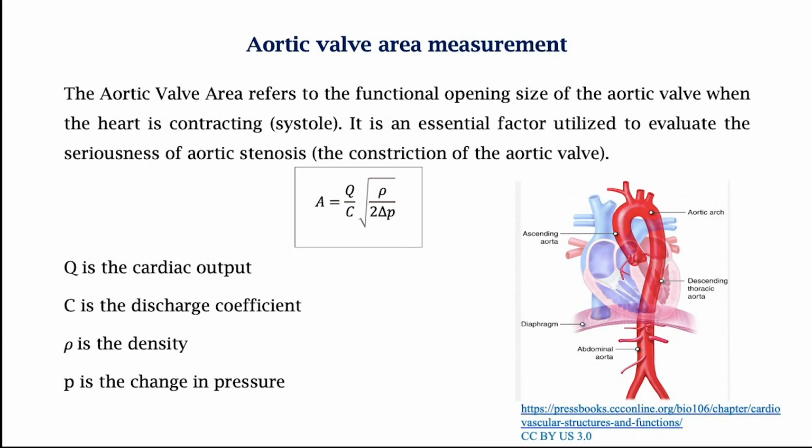This equation is called, what is the name of this equation? Can someone find out? Just take your time and find out what the name of this equation is. This equation was first suggested by Richard Gorlin. That's why it's called Gorlin's equation. Okay, 1951. This is essentially the application of fluid mechanics and hydraulic engineering to cardiac physiology.